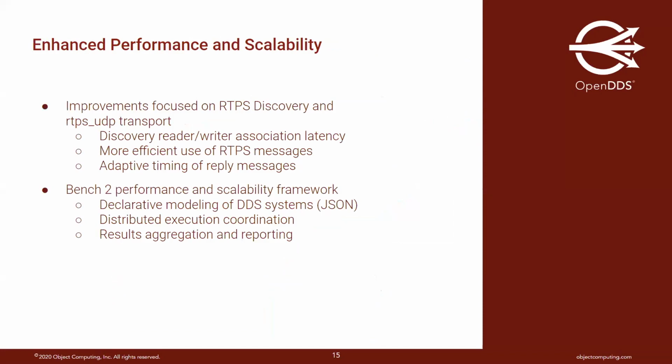This group of features is enhancements to performance and scalability. We've done a lot of work recently on improving different aspects of performance, especially when the RTPS discovery mechanism is selected along with the RTPS UDP transport. There are a few improvements listed here, including reducing the latency for getting new associations started, more efficient use of messaging, which I'll show more details of in a second, and also adaptive timing.